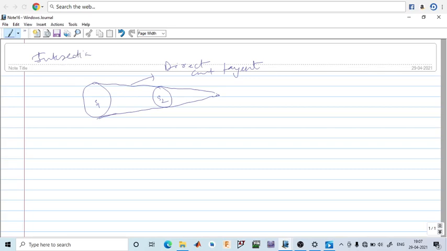If the tangent from circle S1 intersects S2 on the opposite side, like this, then this is called a transverse common tangent.